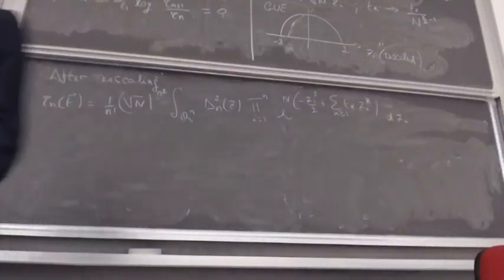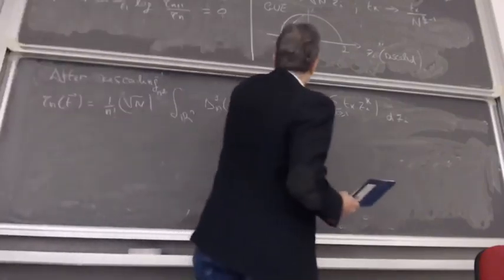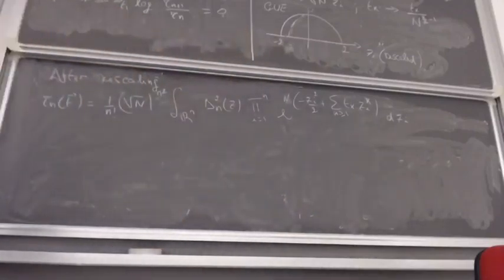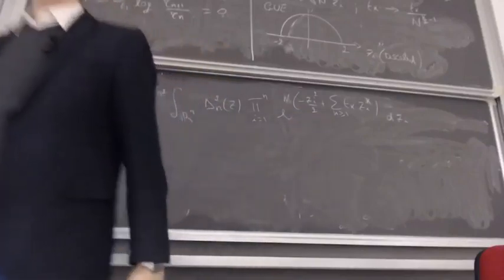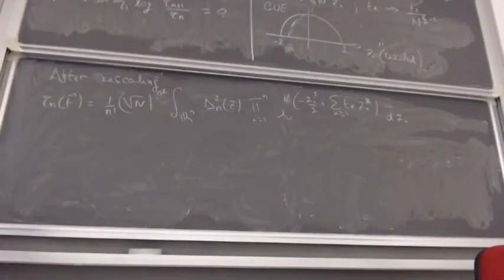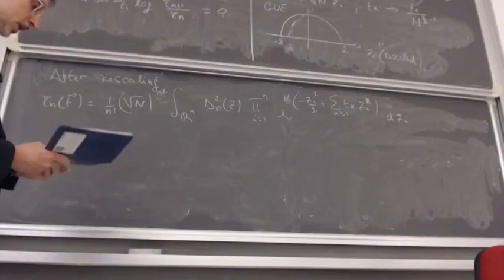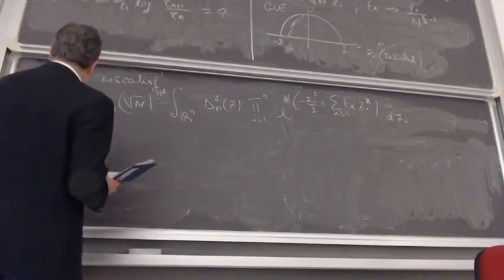Then the behavior of this integral and all related observables in the large n limit has to do with the asymptotic evaluation of this integral. And of course the behavior will depend on what kind of regime we're looking at. This will be clearer in a moment. So what I want to do is to introduce a parameter.